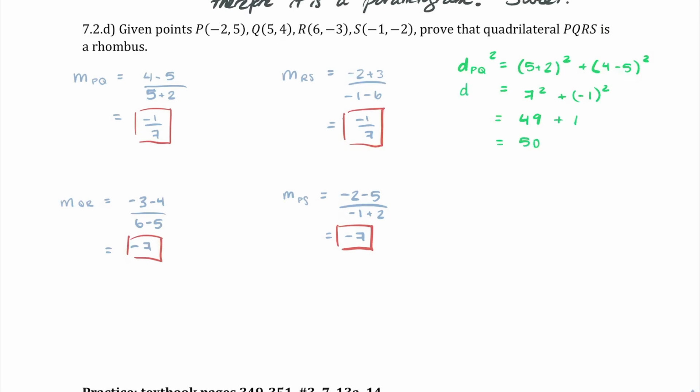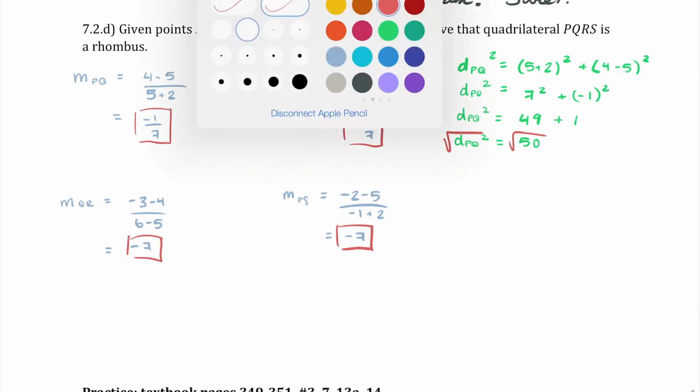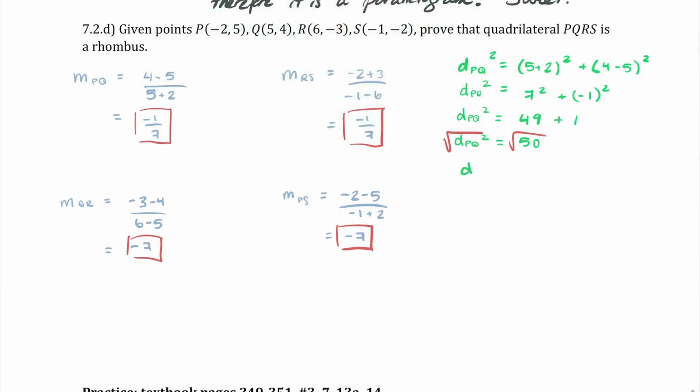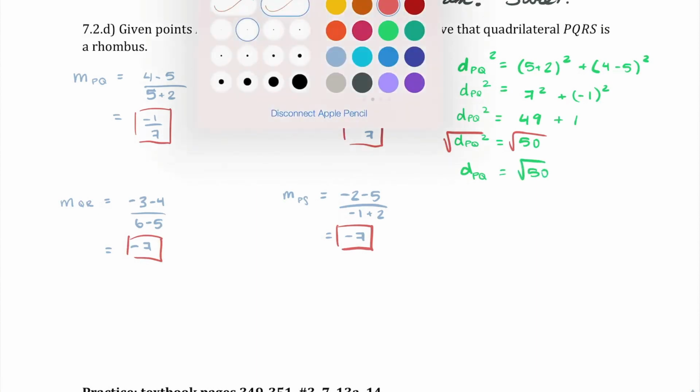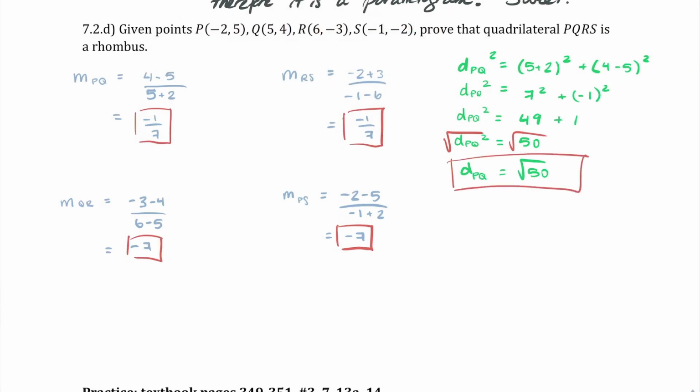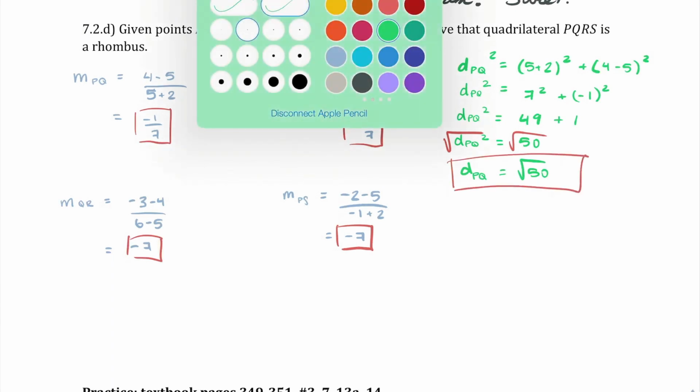And of course, our d of PQ was squared all this time. To get that d squared to be just a d, we square root both sides, and we should get d, or the distance of PQ, is the root of 50. And again, big fan of boxes.